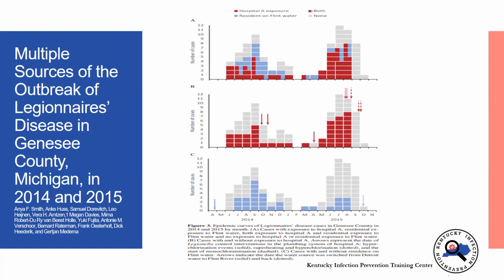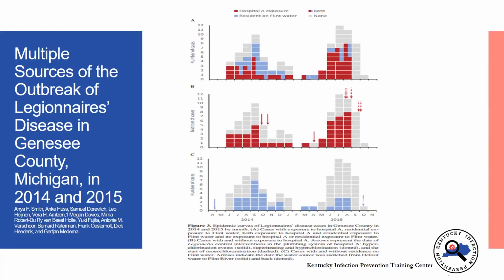B shows the cases with and without exposure to hospital A. The arrows represent dates that the Legionella control interventions in the plumbing system of hospital A were put into place. Hospital A hyperchlorination events occurred during the solid line arrow. You can see there were quite a few in the beginning of 2014.